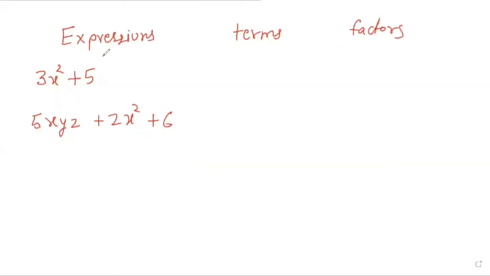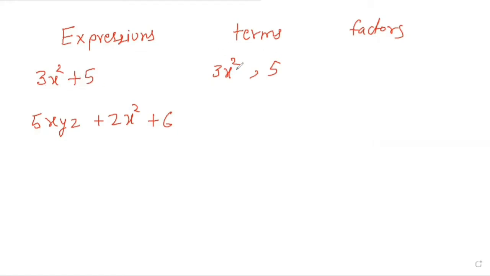Let us take some expressions here and let us identify their terms and factors. So 3x square plus 5, this is an algebraic expression which is having two terms. What are those terms? 3x square is one term and 5 is another term. This plus or minus are called the separators. I'll explain more about this further.